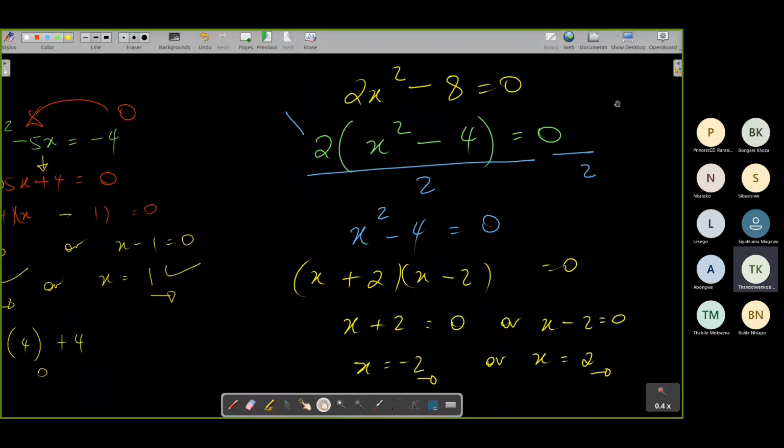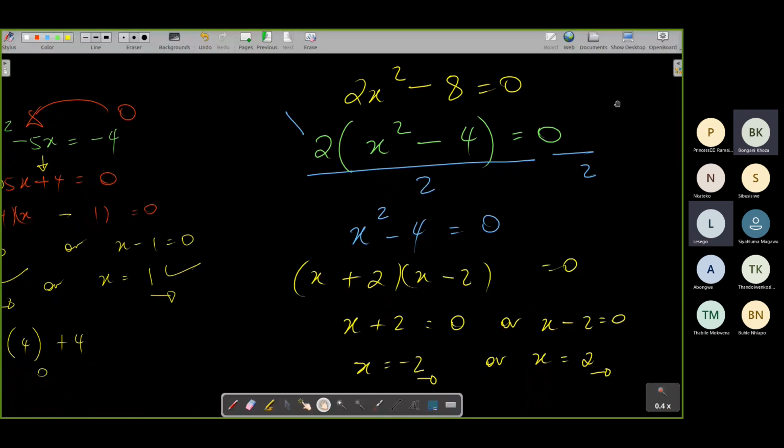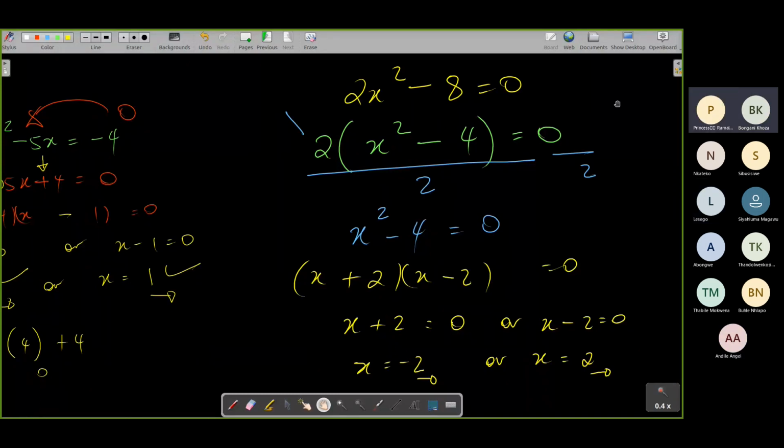The one with multiplying 2 by 8, I also got this answer. Why are you multiplying 2 by 8 now?